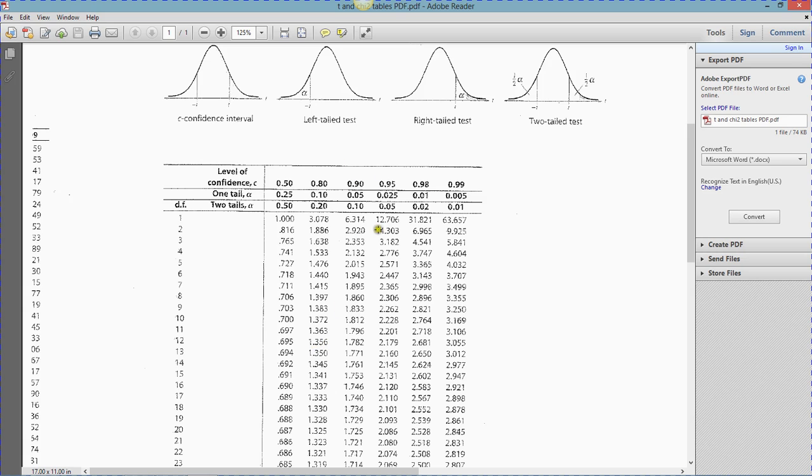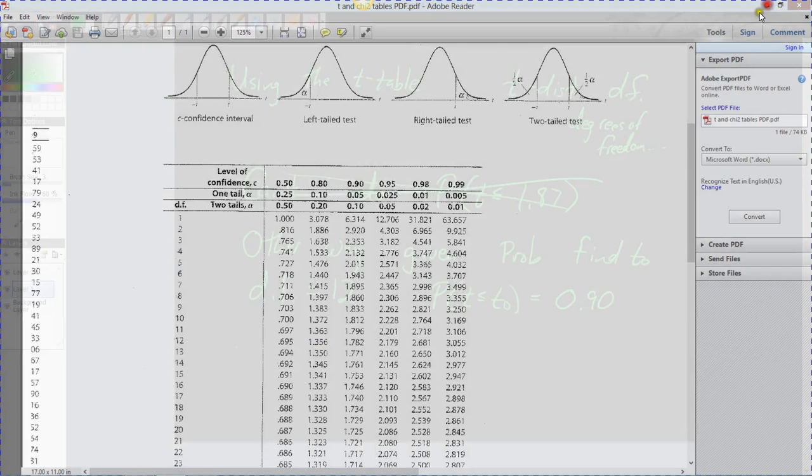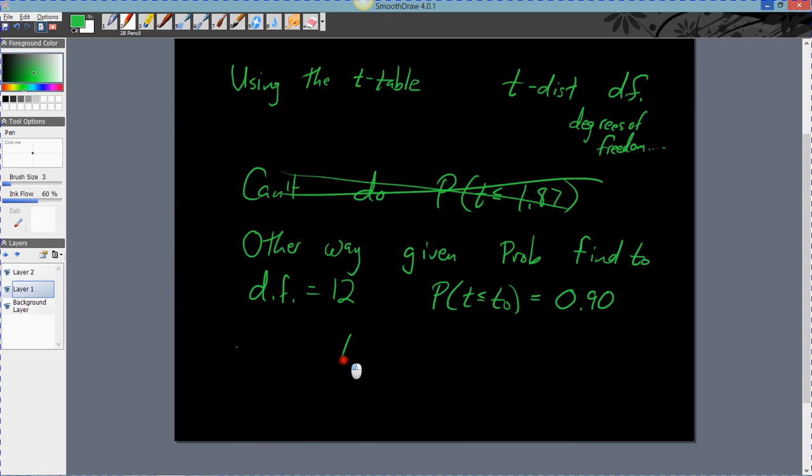It's a little bit of silliness, but if this was 0.1, this would be negative. The whole thing's symmetric, so this is positive. But you're not really going to do this very much. Really, all you're going to be using this table for is hypothesis testing anyway.